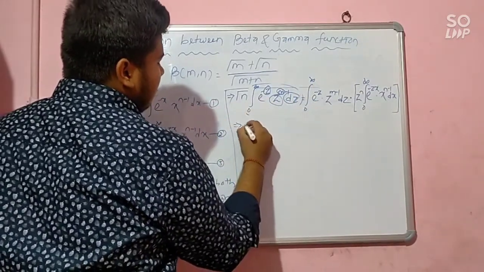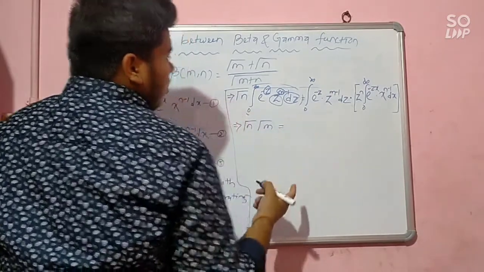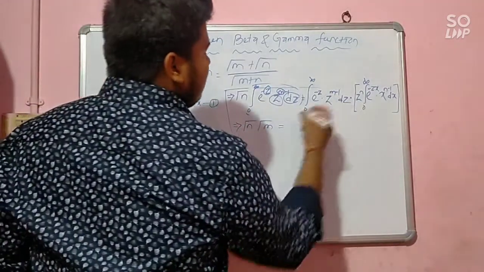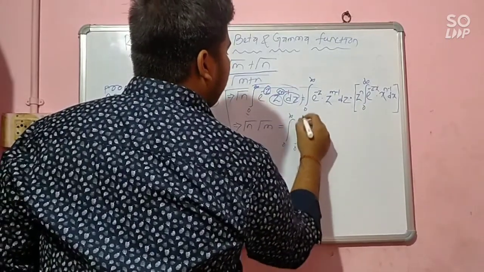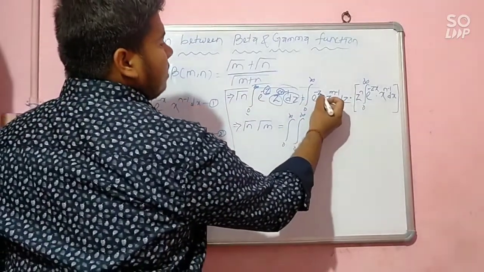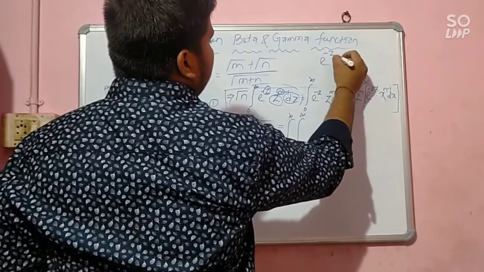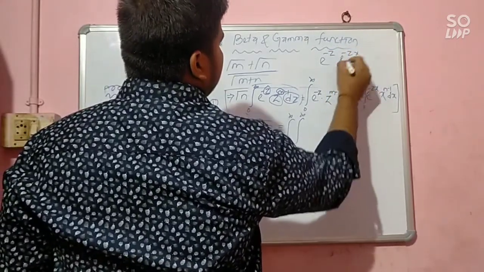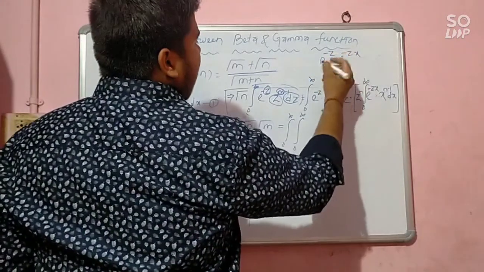So this implies gamma n into gamma m is equal to, see, when we arrange this, there is a double integration from 0 to infinity. So see, e to the power minus z, e to the power minus zx. When we multiply these, the powers are added.